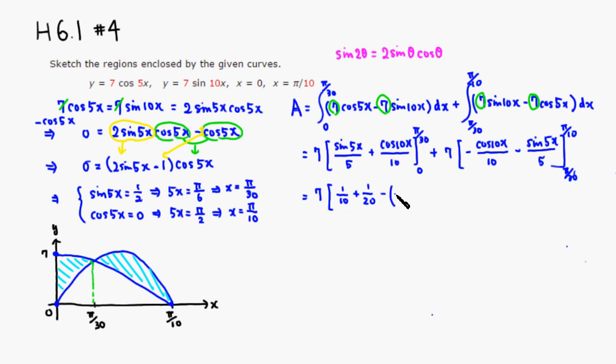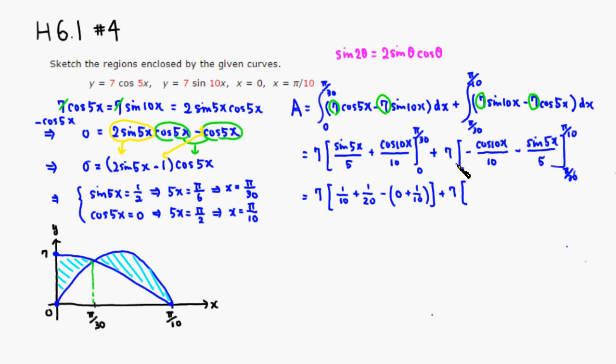If you plug in 0, sine of 0 is 0, and cosine of 0 is 1, so it's going to be 1/10. And plus 7.